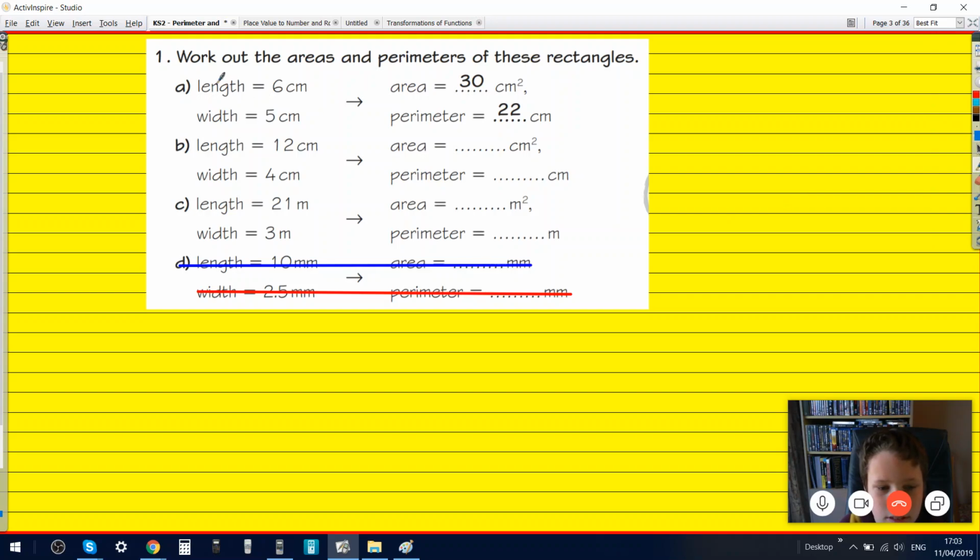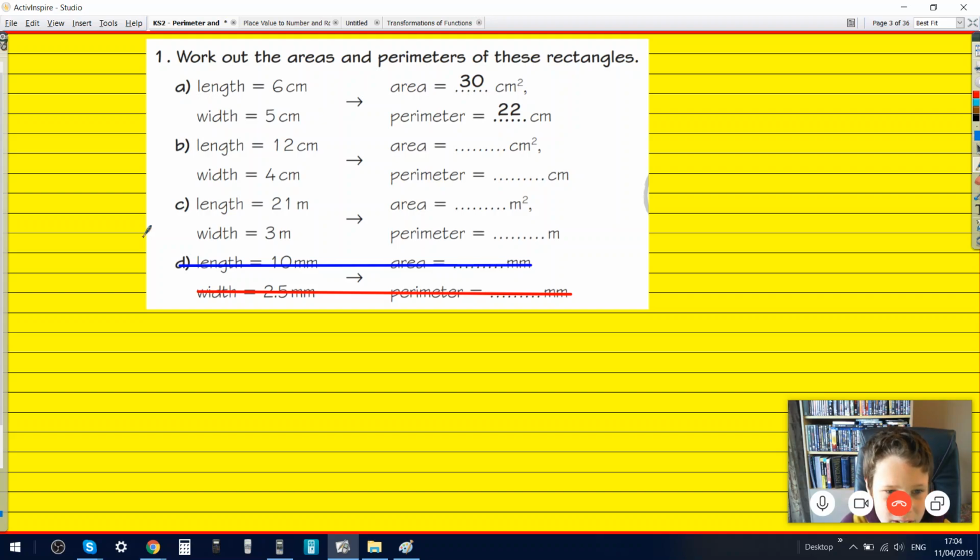Okay, so let's try question B. Work out the areas and perimeters of these rectangles. B is length equals 12 centimeters and the width is 4 centimeters.